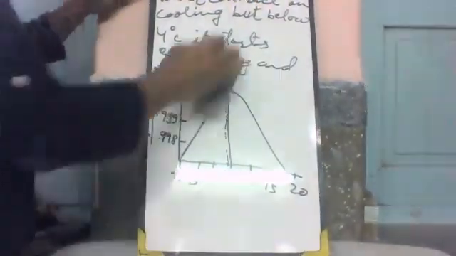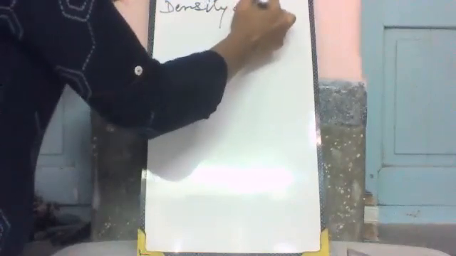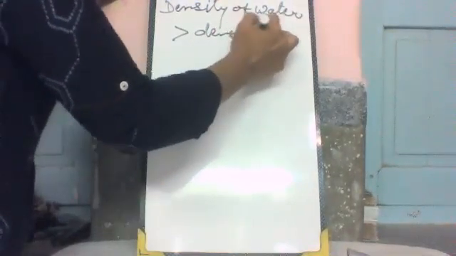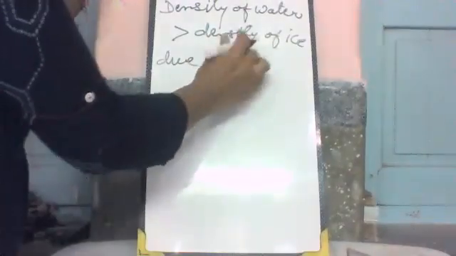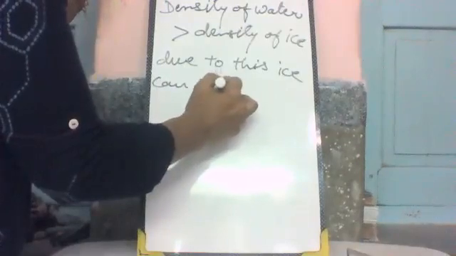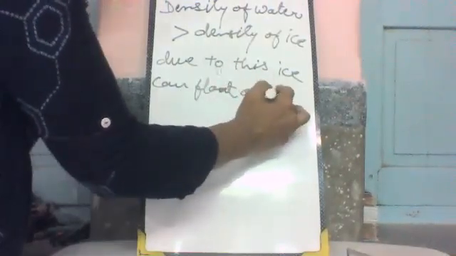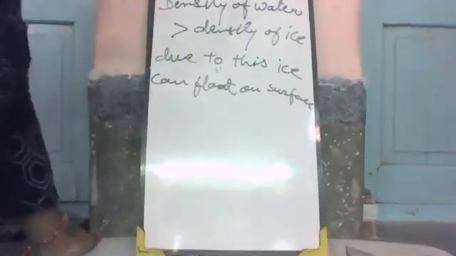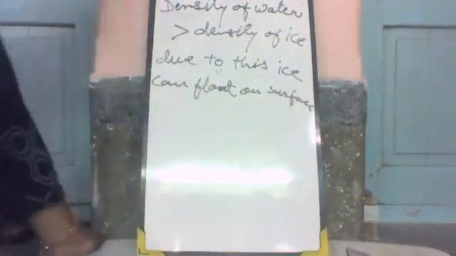Next is the density of water, which is higher than the density of ice. One more thing, the density of water is higher than the density of ice, and due to this ice can float on the surface.